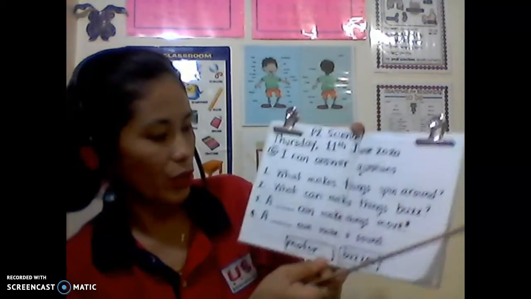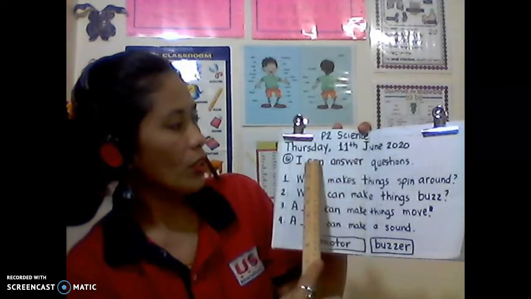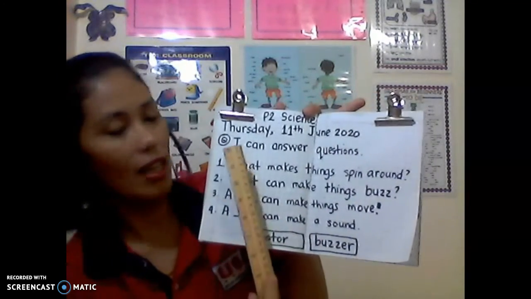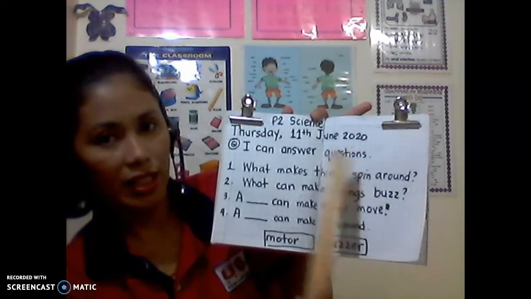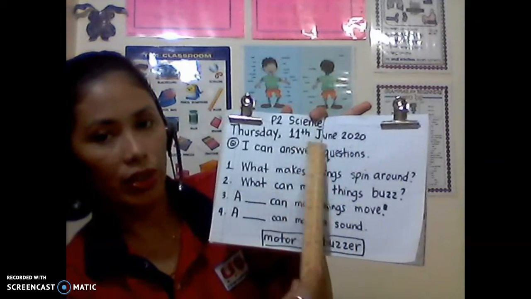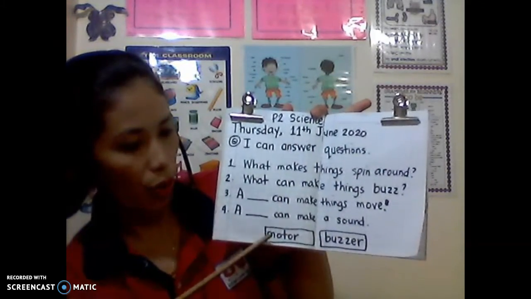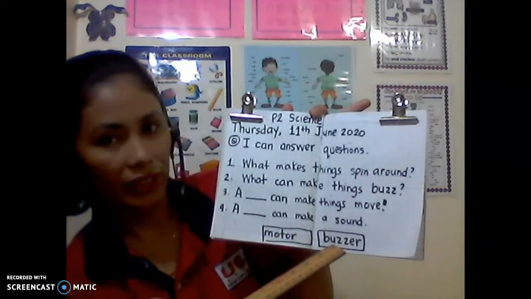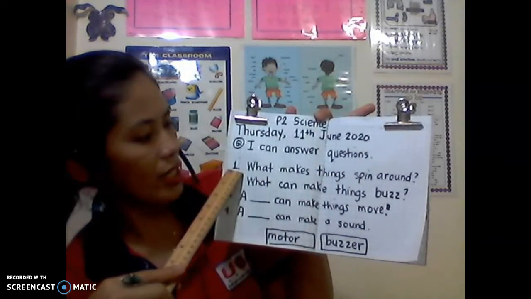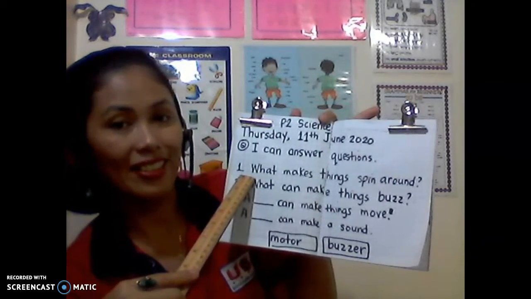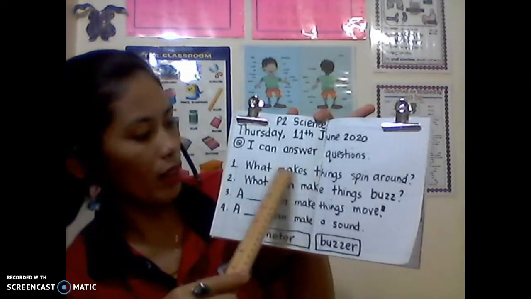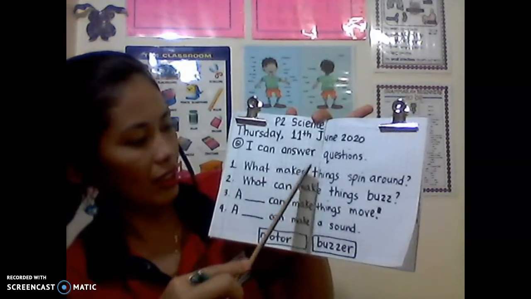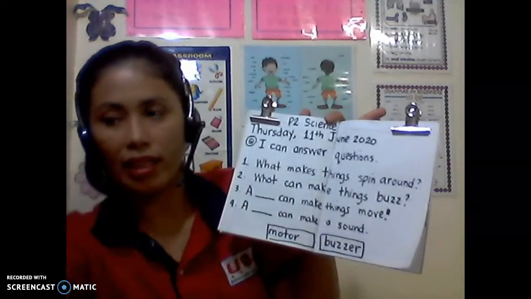Again, let's do it one more time. Our learning target is, can you see it? I can answer questions. This question is regarding motor and buzzer, right? First, can you read with me? Ready? What makes things, sorry, there's no S here.